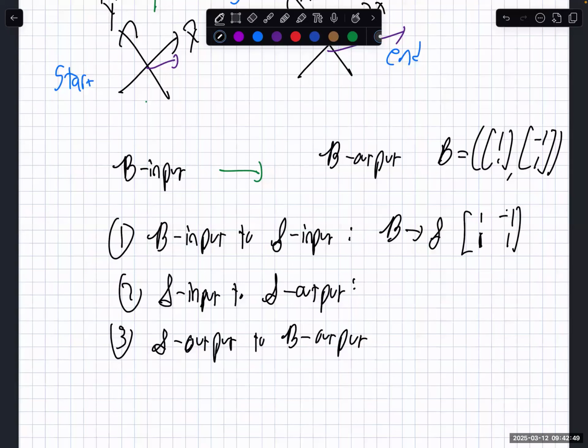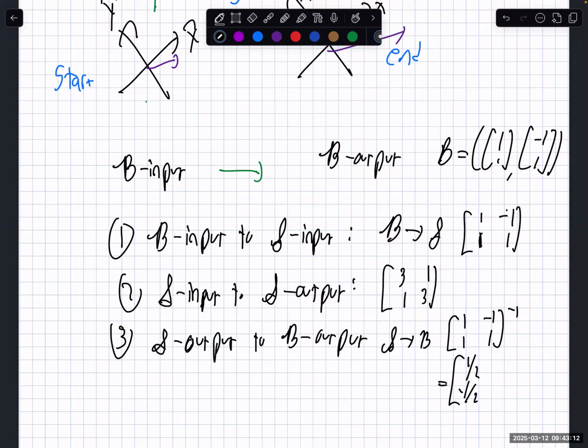What's the matrix that takes S input to S output? Well, that was given to us already. And then the matrix that takes S coordinates to B coordinates is the S to B matrix, which is the inverse of the beta S. Write that a little bit nicer.